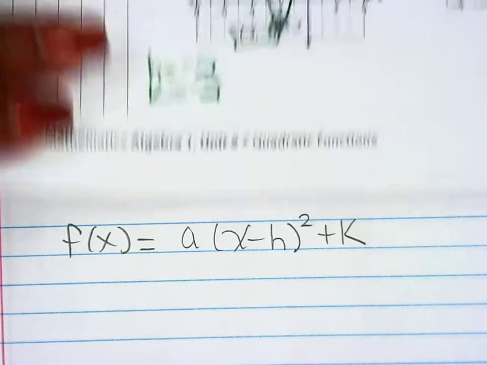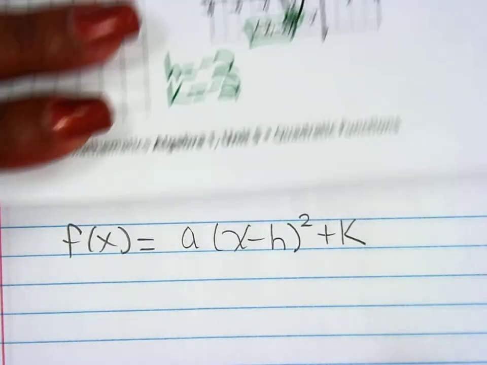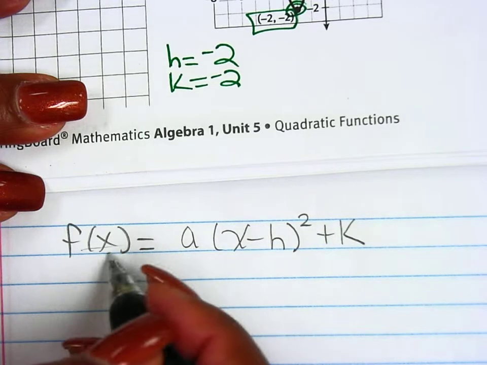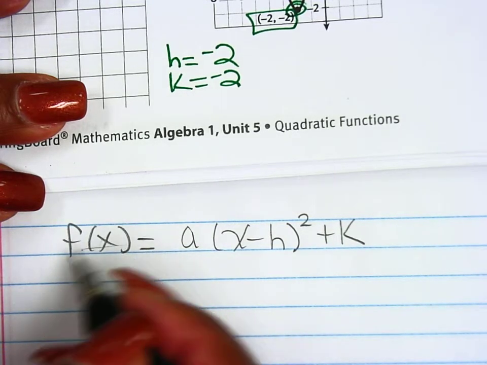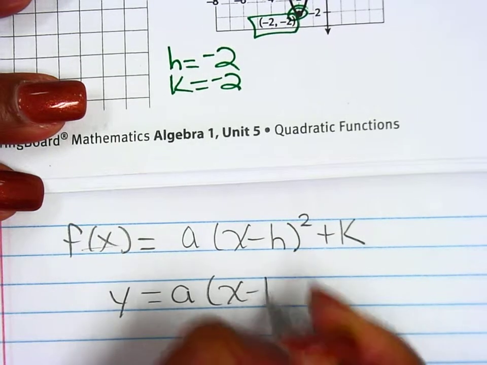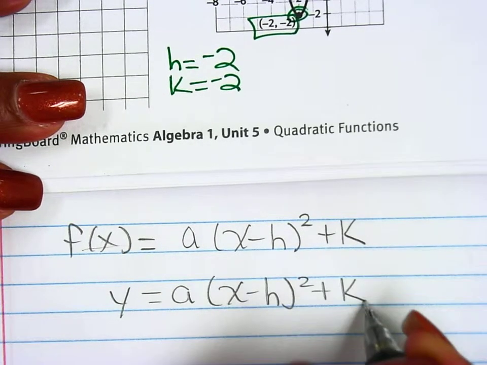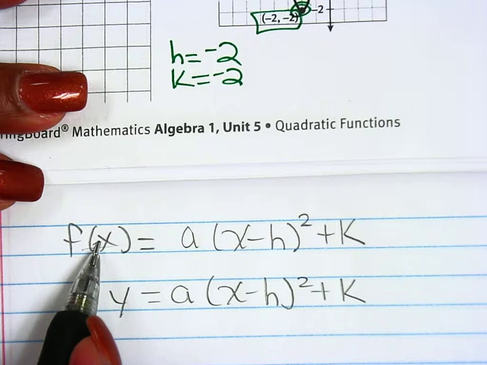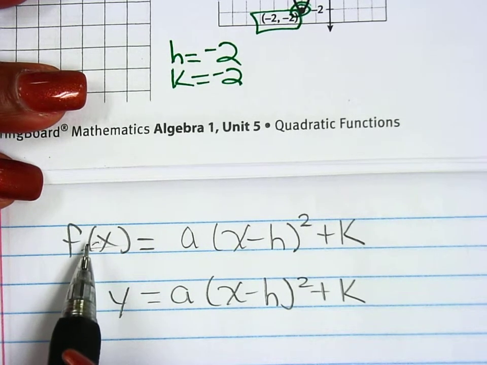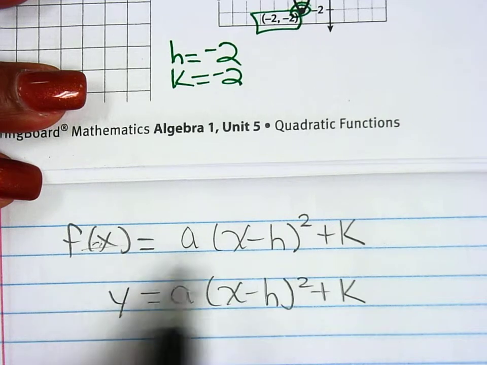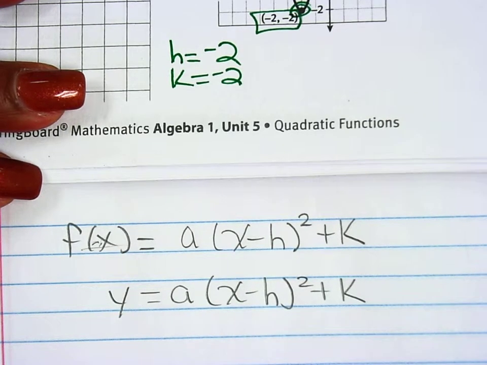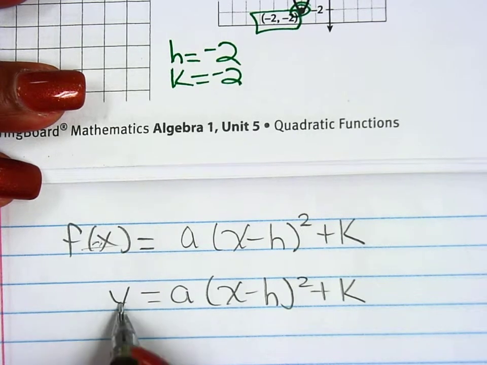Let me change my f of x to y because it's function notation. I'm not substituting a value in for x, I'm actually solving, so I need to have y equals a times x minus h squared plus k. You use function notation when you're trying to create a table of values, or they're giving you particular domains, and you use it to get the range that corresponds to the domain given to you. So I need just y.